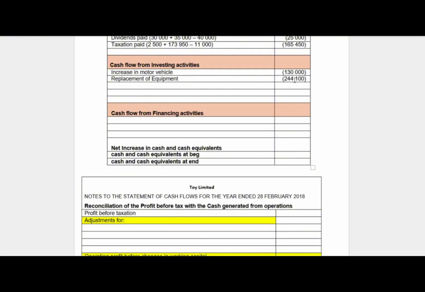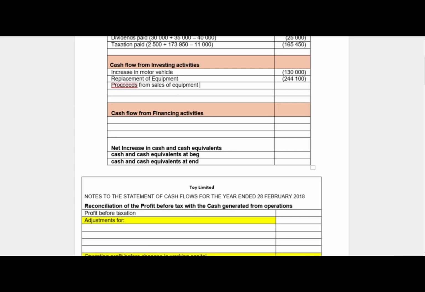And then we have what? We are left with, because we sold, right? When we sold, it means we need to also do the calculation for the proceeds from sales of equipment.